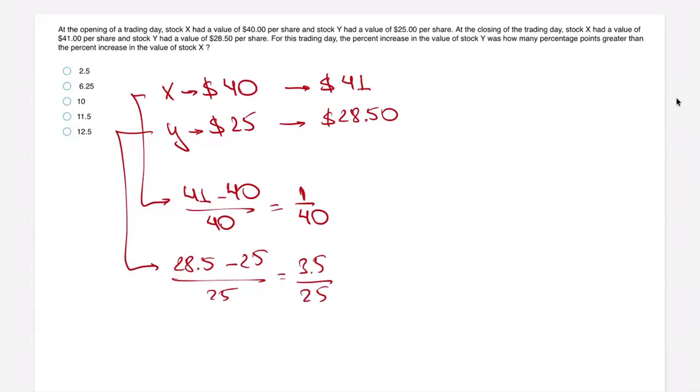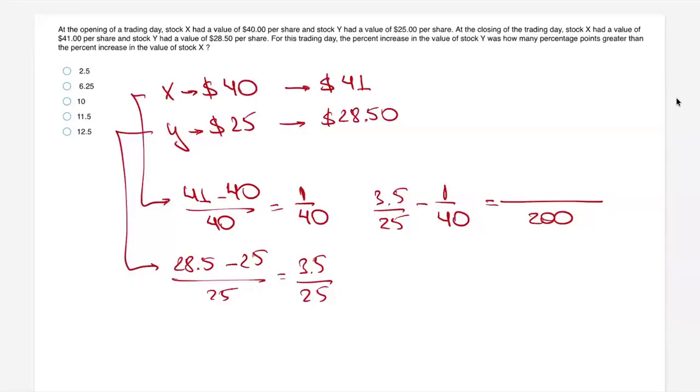So I need to do this one minus this one. Is that right? Super easy. So I will do the least common multiple between 25 and 40 is 200.